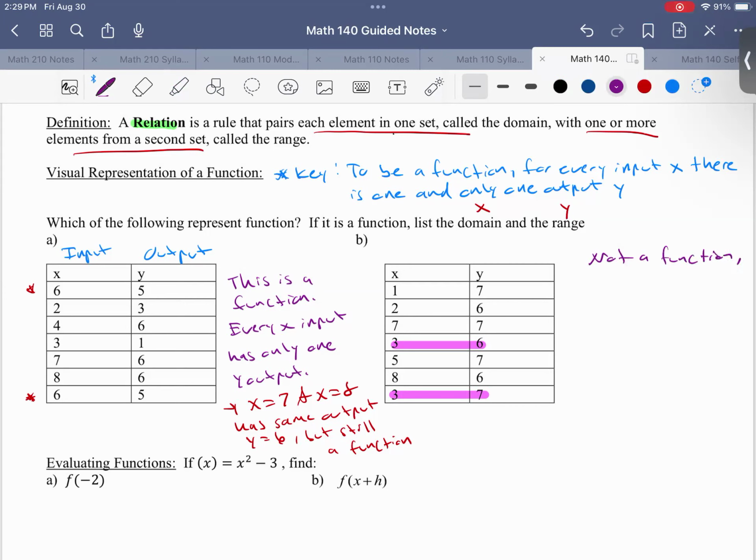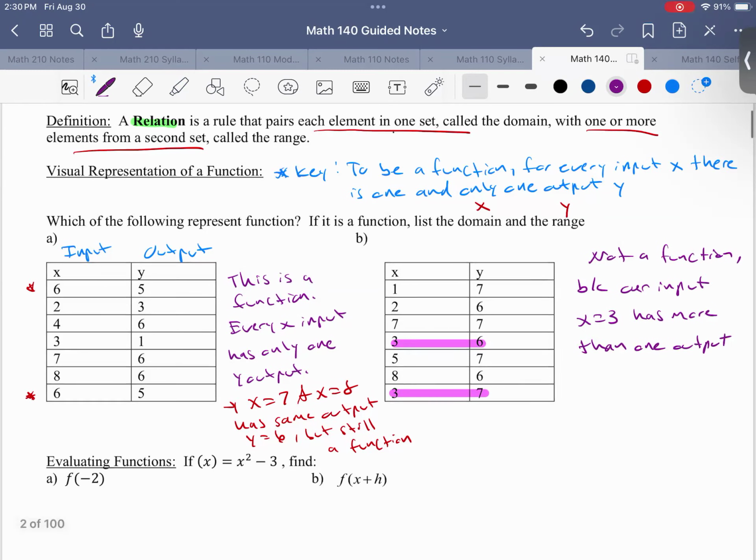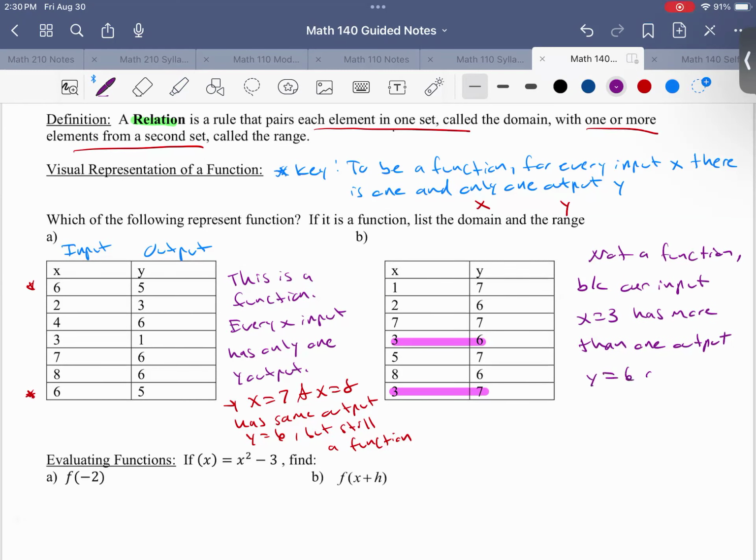Not a function, and that's because our input 3, because x equals 3, has more than one output, y equals 6 and y equals 7.